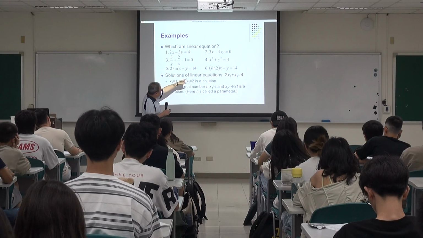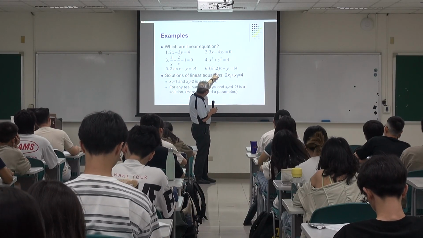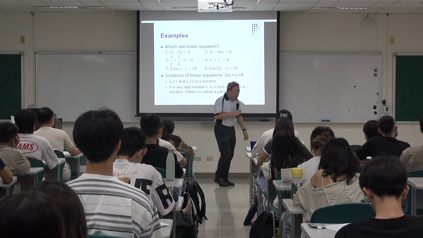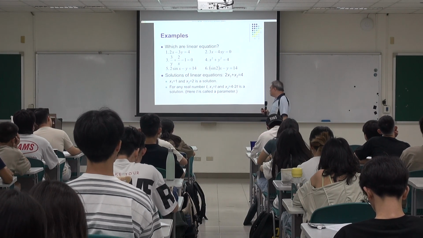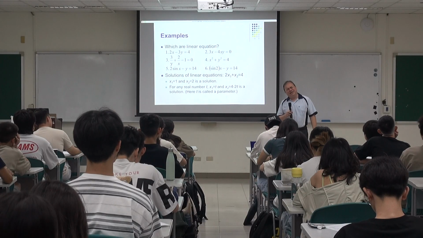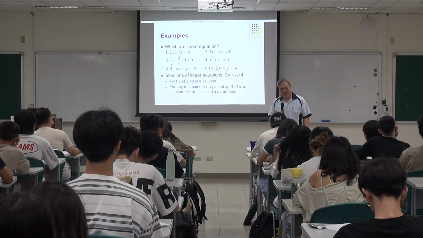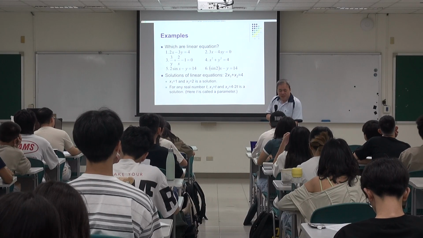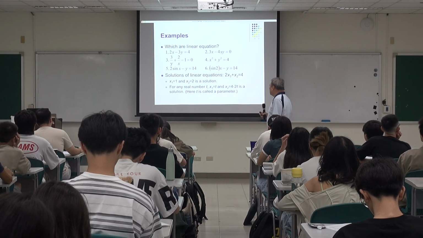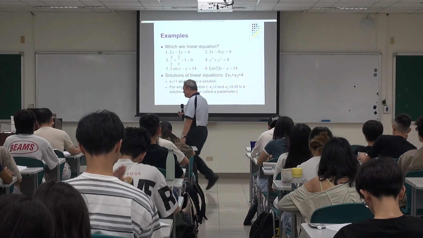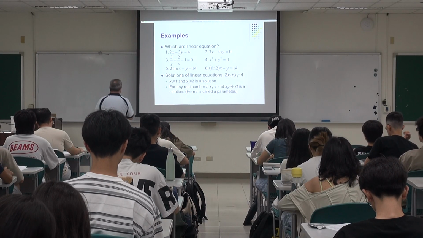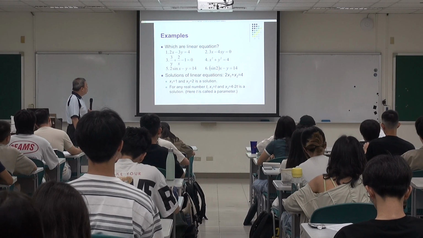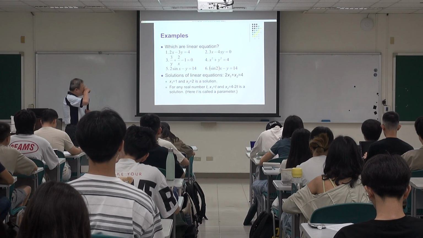However, number 6, sine 2 x minus y equals 4, is a linear equation, even though sine 2 looks complicated, because sine 2 nevertheless is a constant. It's a real number. So 1 and 6 are linear equations, and all the others are not.